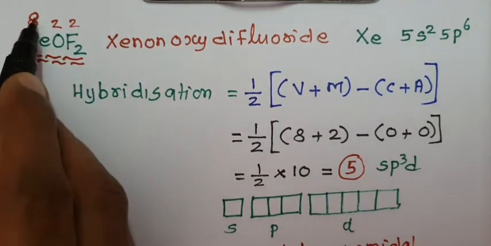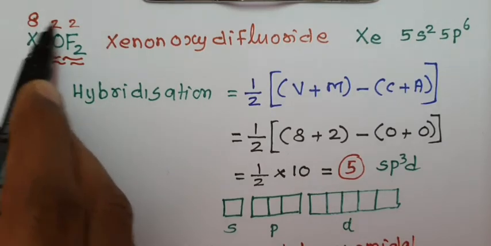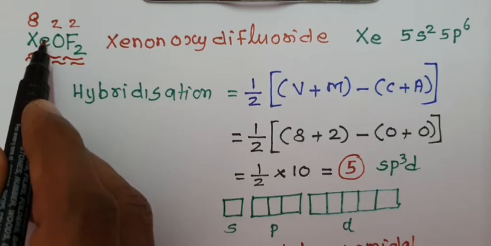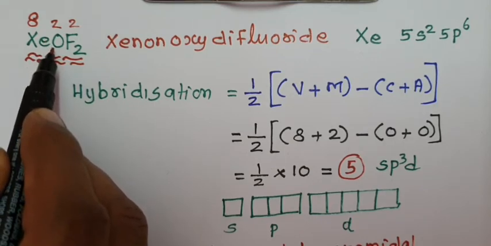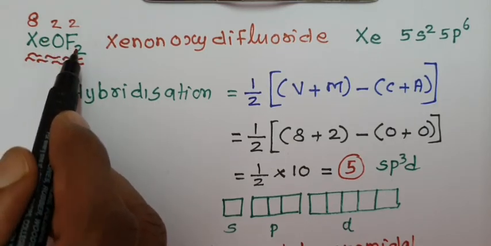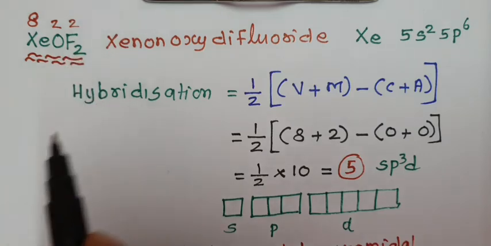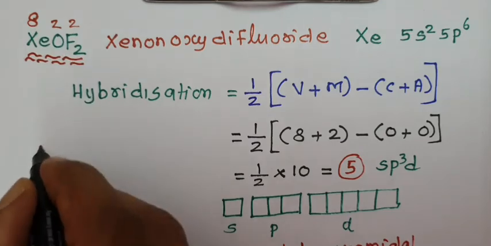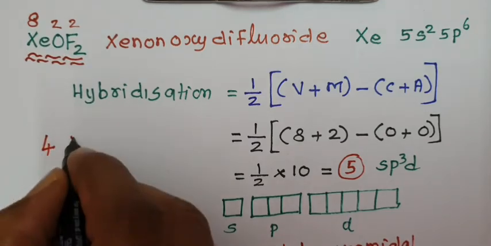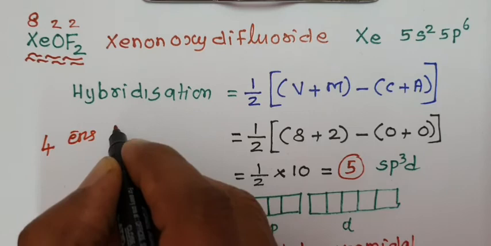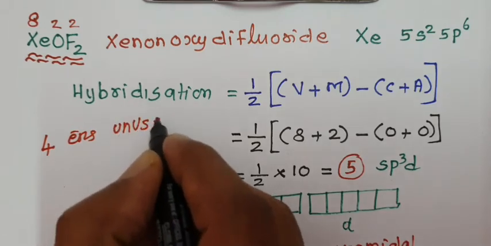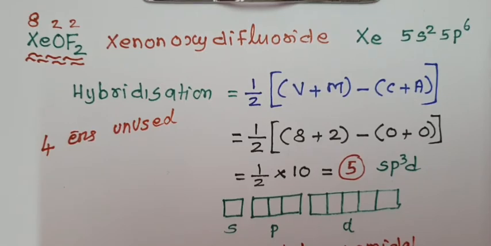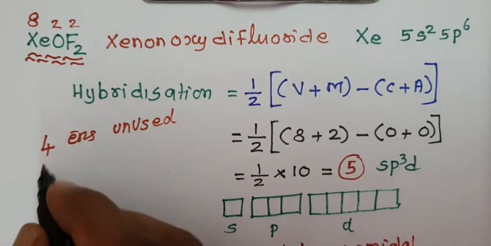So among the 8 electrons, xenon shares 4 electrons for the formation of 1 double bond with oxygen and 2 single bonds with 2 fluorine atoms. The remaining 4 electrons are unused electrons in xenon.